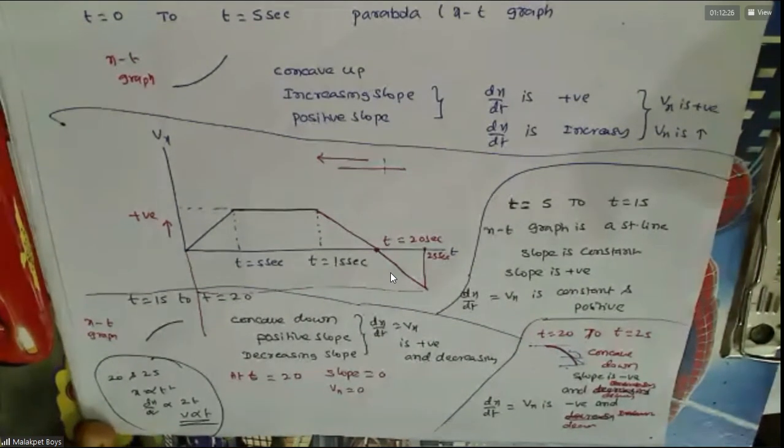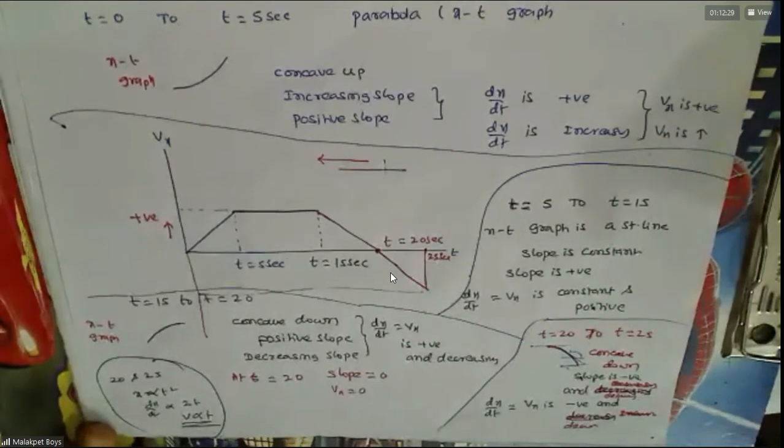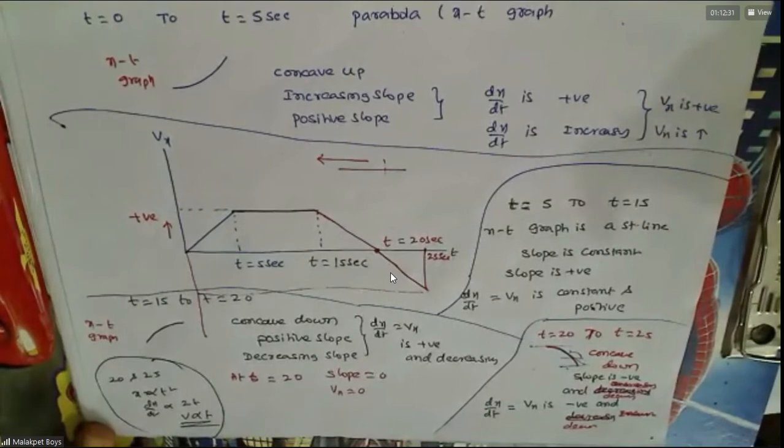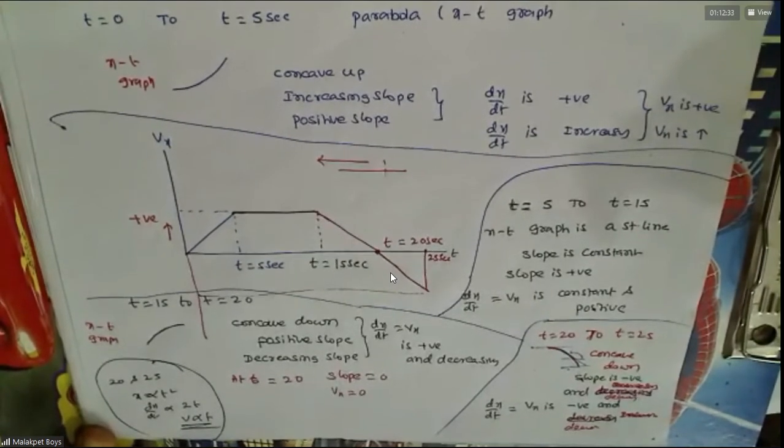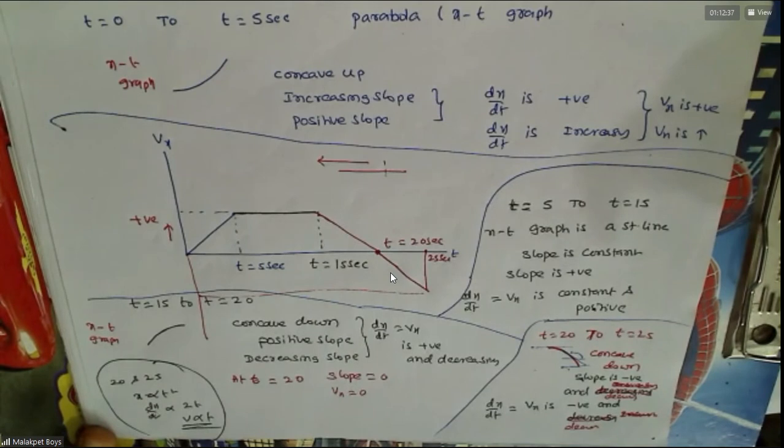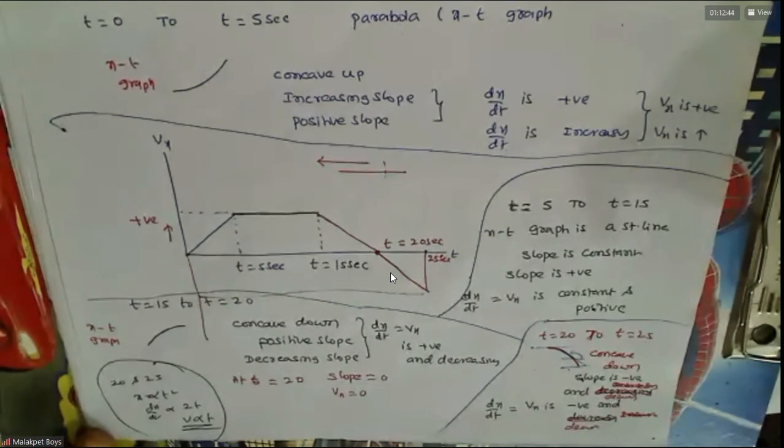Now you can tell from 25 to 35. Slope is constant or variable? Constant. So from 25 to 35 it is constant and negative.